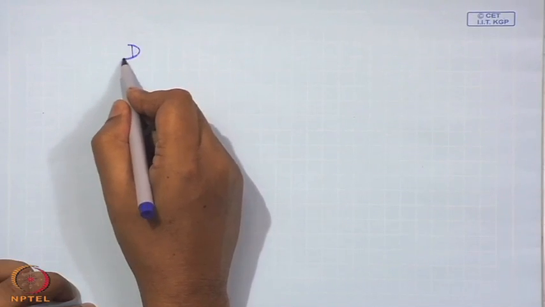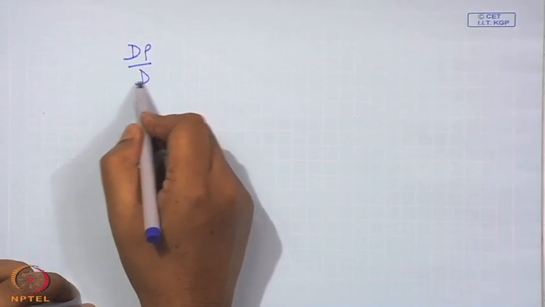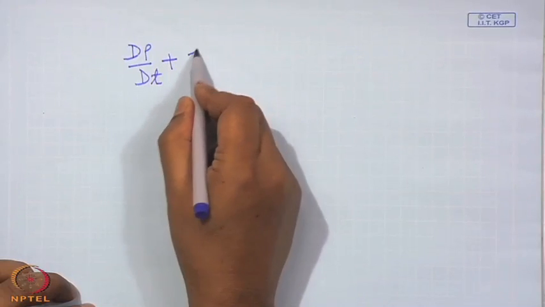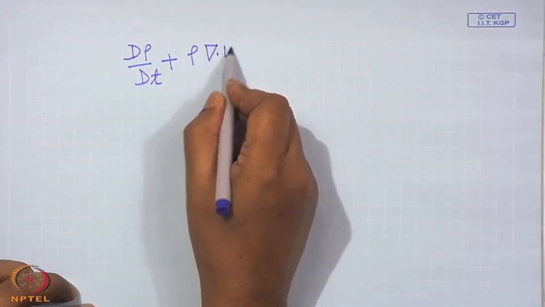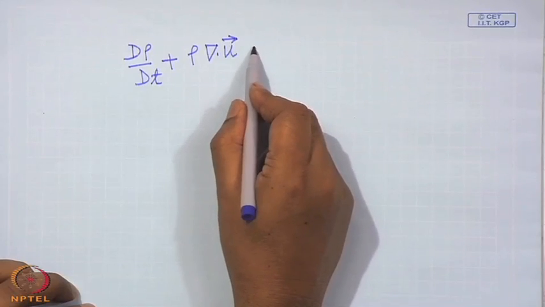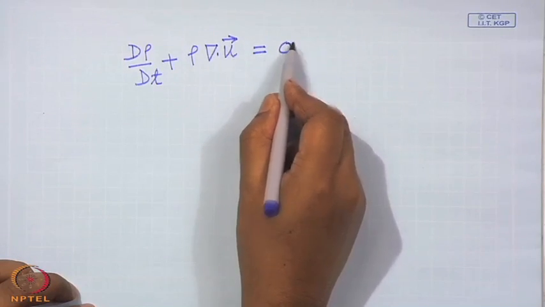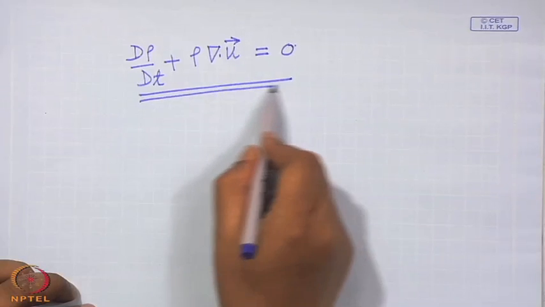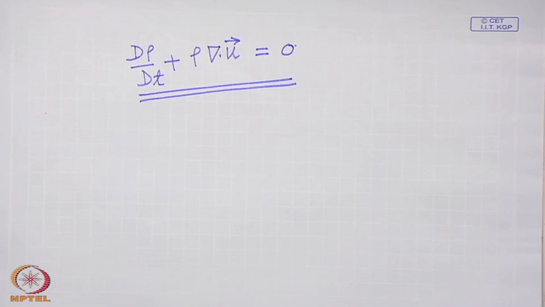So, now let us think about the continuity equation or the mass conservation equation in this form. We will define some flows to be incompressible, where density is independent of pressure.